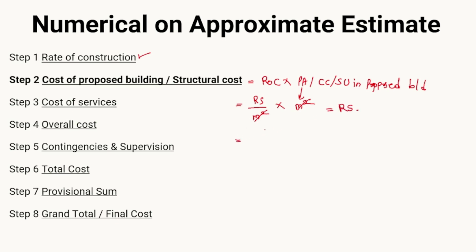Similarly for the cubical content, the rate will be given in rupees per meter cube. Again we are going to multiply with the cubical content, that is the meter cube. So again meter cube will cancel and we will get the cost in rupees. Similarly for the service unit it will be the same. Okay, so in this step 2 we will get the structural cost of the proposed building in rupees.